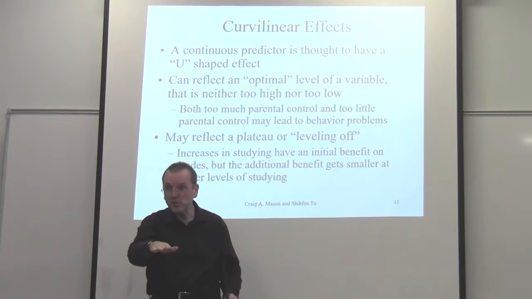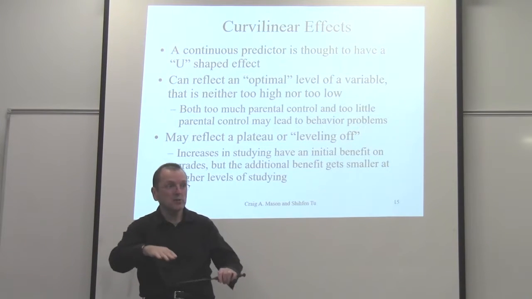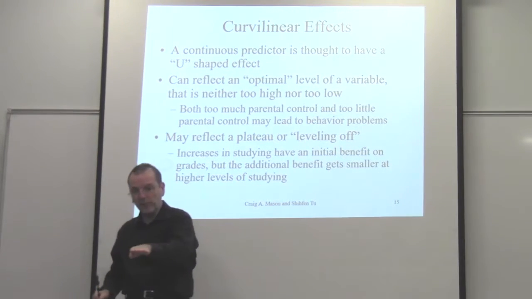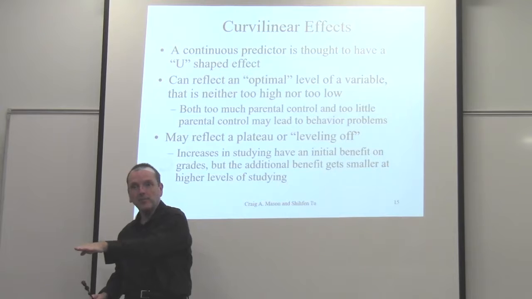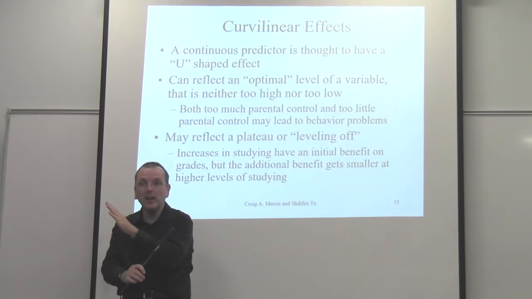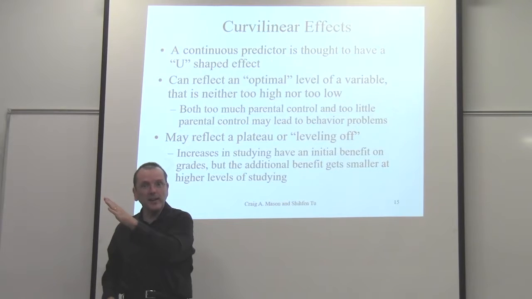Multiple regression can't do this leveling off, can't do a plateau. It can go U, but it can't go curvy and then flat line. It has to go back up. It's just the math. Even if in reality it's flat, it will have a little kick up.